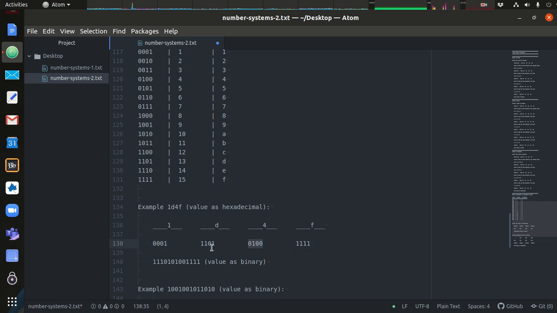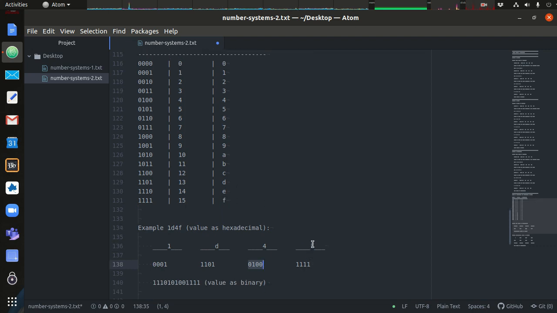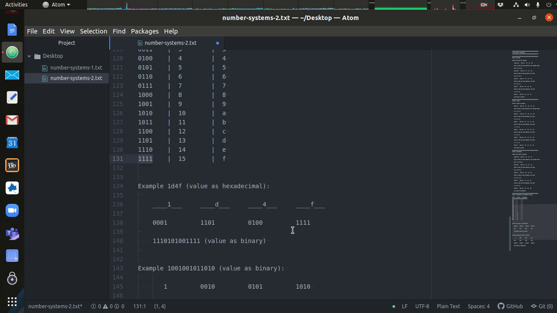Each one of these digits is the same, right? 4 bits of binary matches to 1 digit of hexadecimal. All right, and then F, we know, is this last one, that's 15, and that maps to 1111, right?